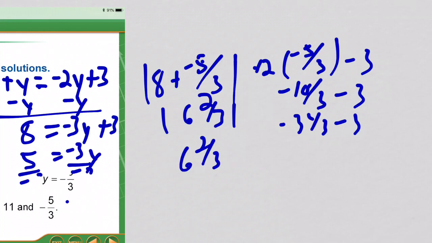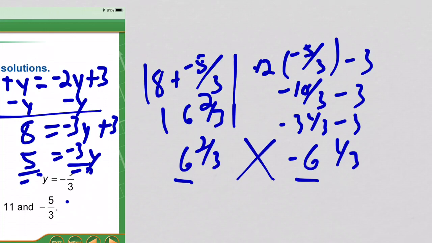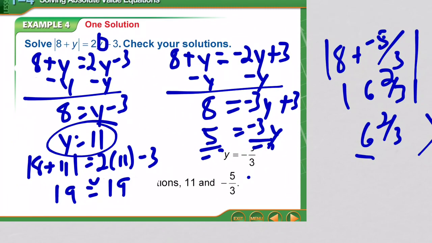So this is going to give me a negative 6 1/3. I might have done the other side wrong. That might be 6 1/3. But the whole point being, this is a positive, this is a negative. They do not equal the same. So this second answer of negative 5/3 is incorrect. So my only answer in this case is y equals 11.